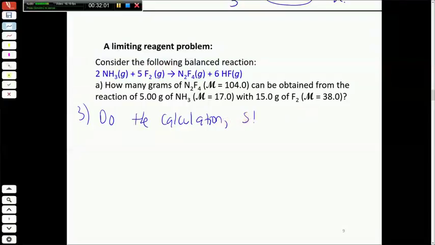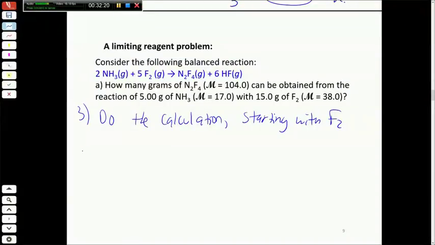But we have to start with whatever our limiting reactant is, in this case F2. The amount of NH3 no longer matters at all, at least for this step, because NH3 is the excess reactant. Whatever is not the limiting reactant is what's called the excess reactant. So we have to start everything with the limiting reactant.